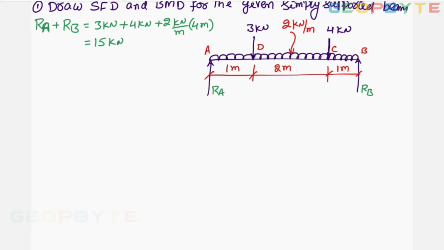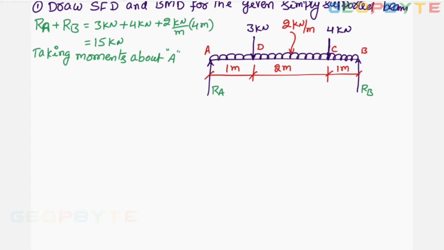But I need RA and RB separately. For that, let us take the moments about A. With respect to A, RB is developing the anti-clockwise moment and the loads are developing clockwise moments.